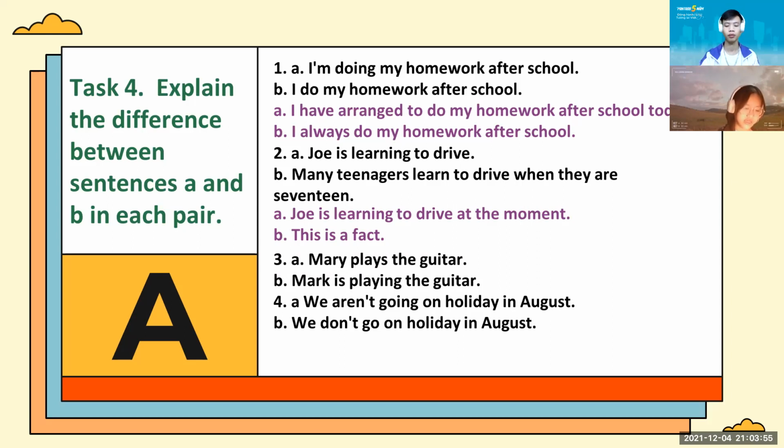Number three A is we use present simple for something that happens regularly. And number three B is we use present continuous for something that is happening at this moment. Now let's see number one, which tense?